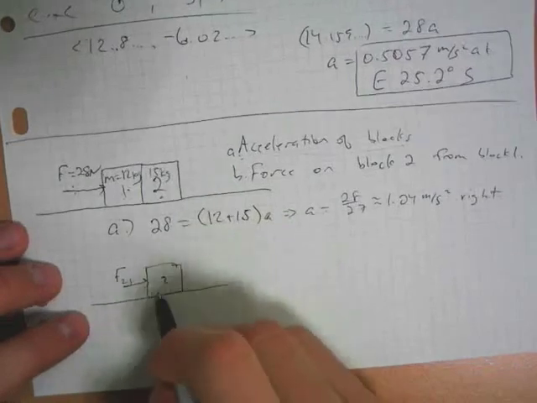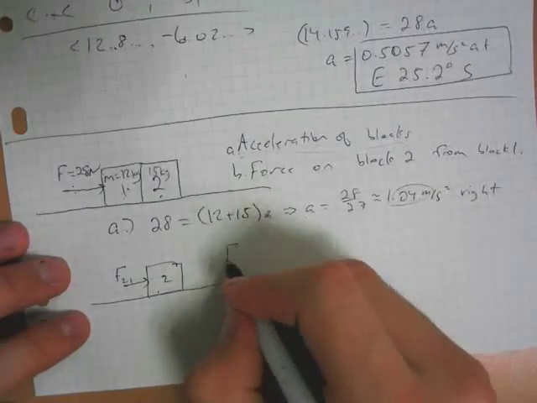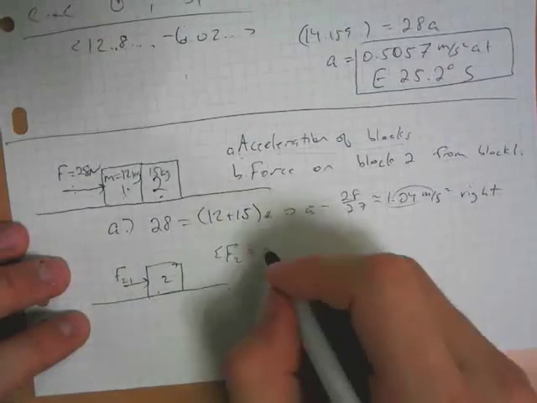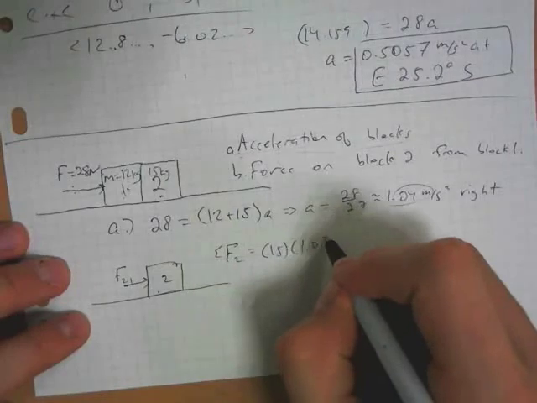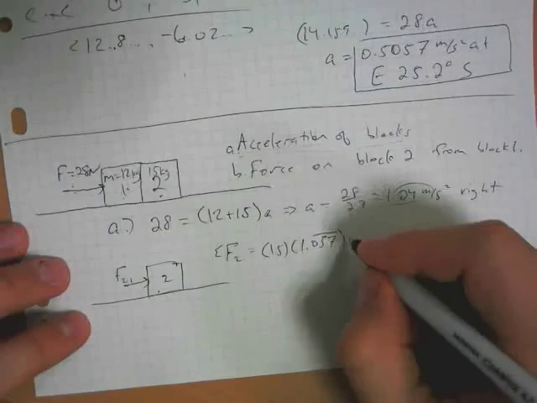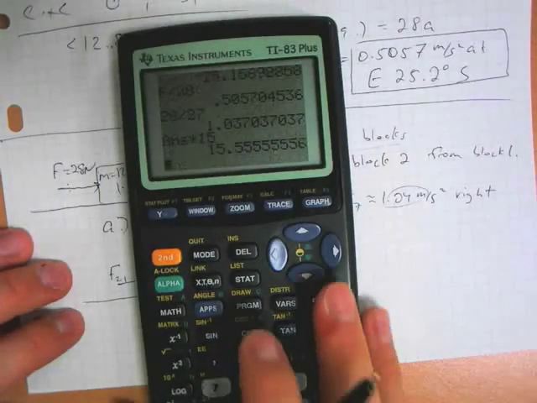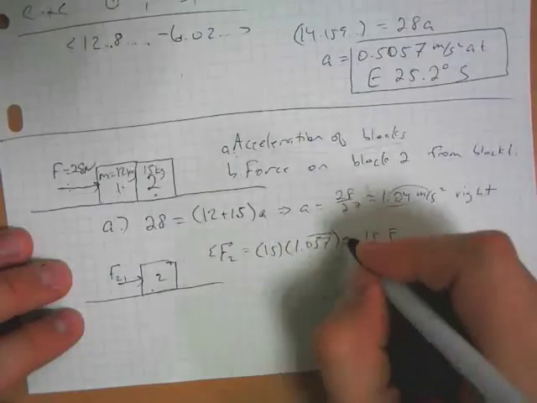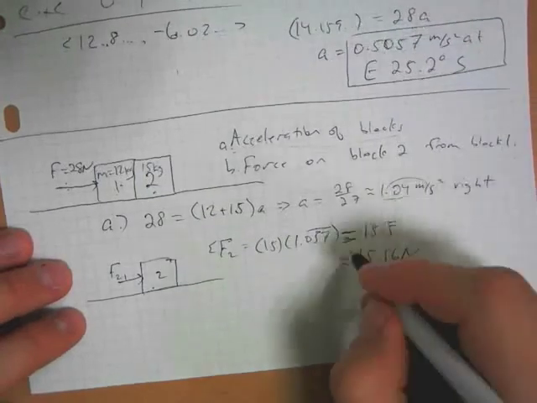So if we consider block 2 alone, the net force on block 2 is equal to the mass of block 2, which is 15 kilograms, times the acceleration of block 2, which is 1.037, and the 037 is repeating. And so the net force on block 2 is 15.5 repeating. Call that 15.56 newtons is the net force on block 2.